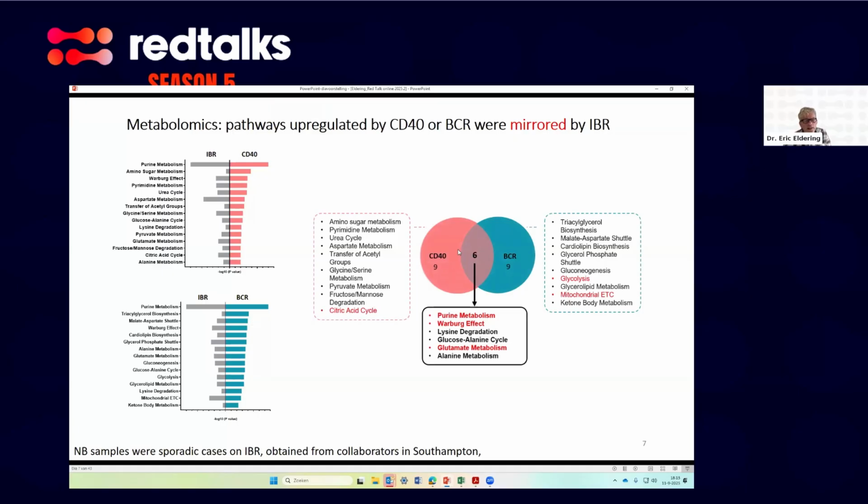If we summarize what is true for both the CD40 and B-cell receptor stimulation, we find that the pathways in this rectangle over here were common and seem to have large effects in the CLL cells, and also were downgraded if cells were treated with ibrutinib in the patient.